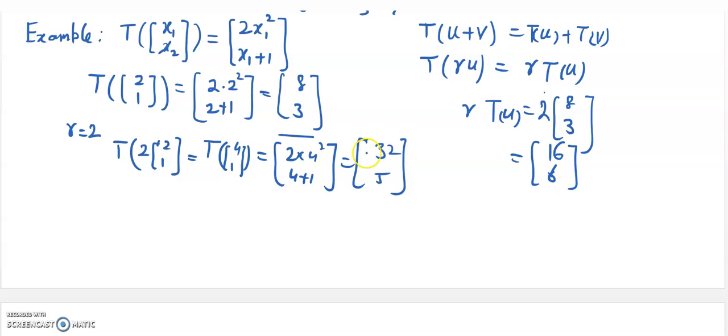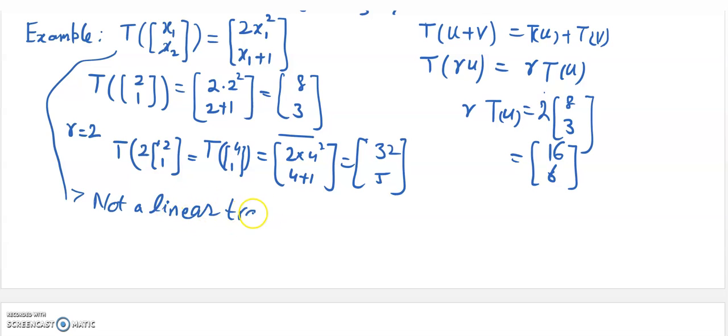So (16, 6) and (32, 5) are not the same, so it means that this is not a linear transformation. For a linear transformation we must meet both of these conditions. We could check with the other condition as well, but since this condition is not met, we don't need to.